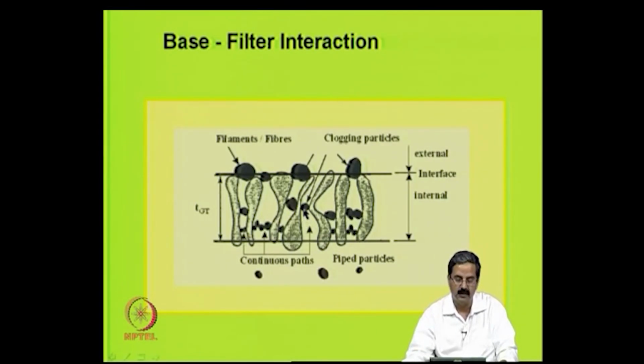Clogging of particles is also possible here. These things one should understand. Even this is possible in natural aggregates, but one thing one should remember is that the paths are continuous. In the case of geotextile, it is much more porous compared to the natural aggregates.